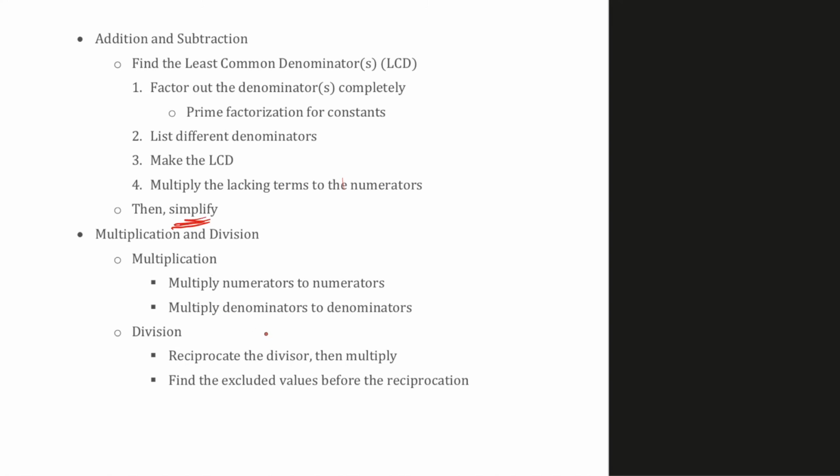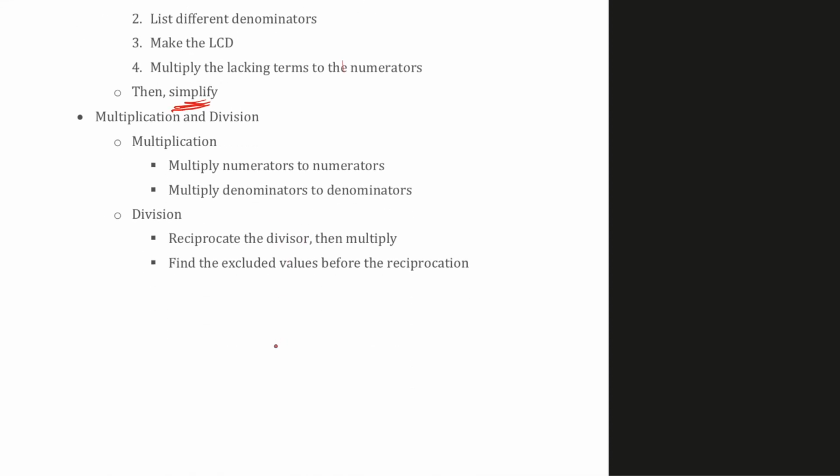In case of the multiplication and division, you multiply numerators by numerators and denominators by denominators when it's multiplication. And in case of division, it's almost the same, except that you have to flip or reciprocate the divisor, then multiply numerators by numerators and denominators by denominators, and that's it.